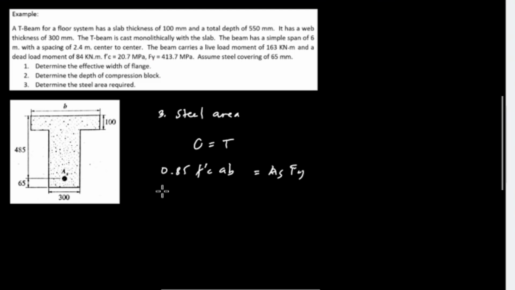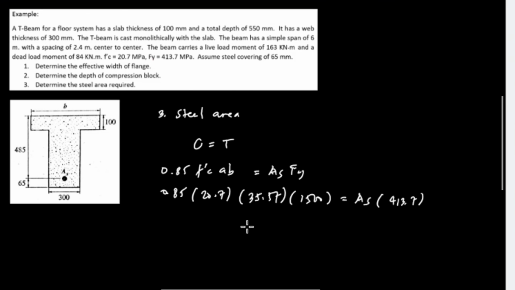So that's 0.85 times 20.7 fc prime, and the value for a, the depth of compression block, that's 35.57, multiplied by the effective width of the flange, 1,500 millimeter, and equate that to As multiplied by the yield strength, which is 413.7 megapascal.